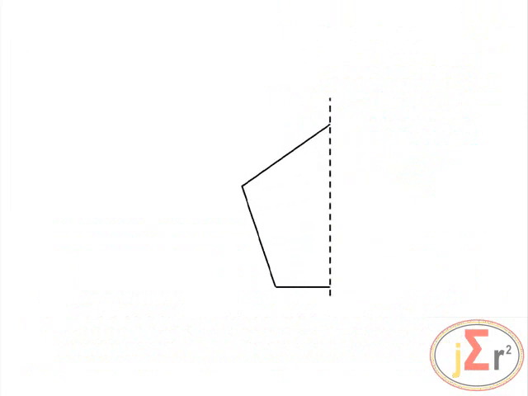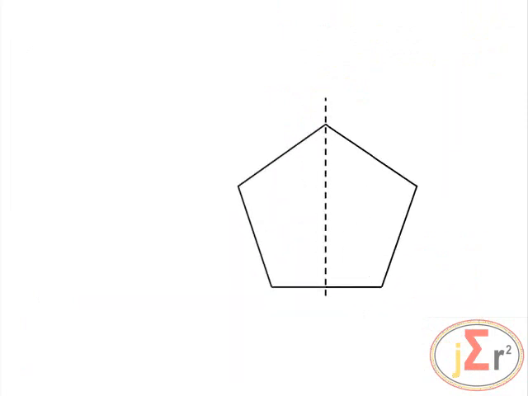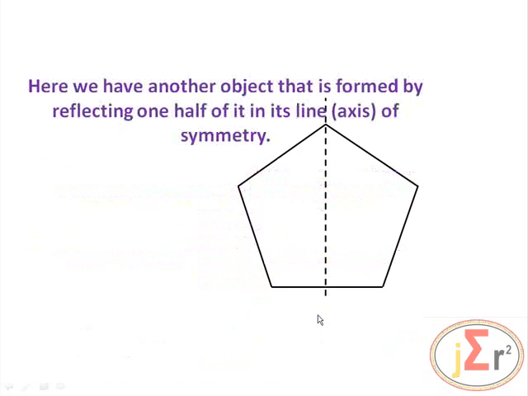Reflect half of that object in the mirror line and we will get the entire object. When the entire object is formed, then the mirror line in which one half is reflected in order to generate the other will be a line of symmetry.